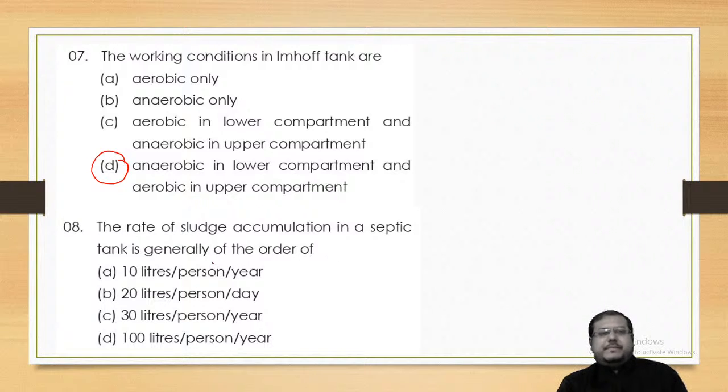The rate of sludge accumulation in a septic tank is generally in the order of 30 liter per person per year. We have discussed this.